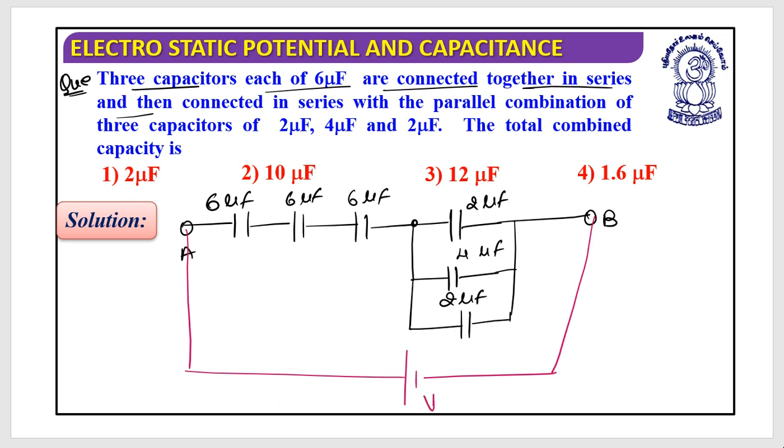So let's say this is the voltage V. Now if this is the voltage V, what I can write is that a charge Q would be flowing through this, a charge Q would be flowing through this, a charge Q would be here.